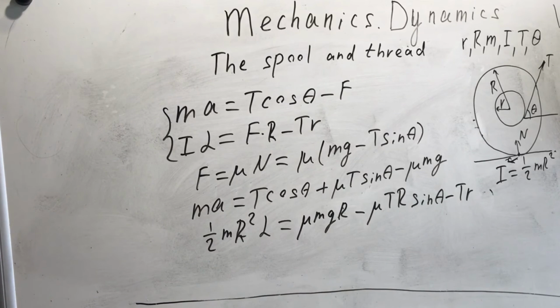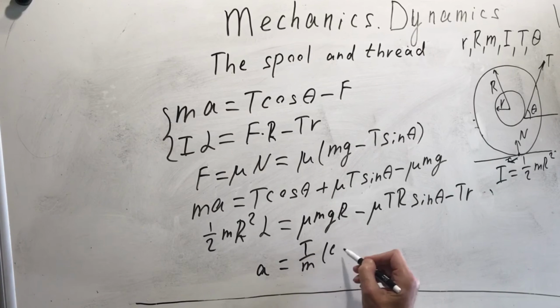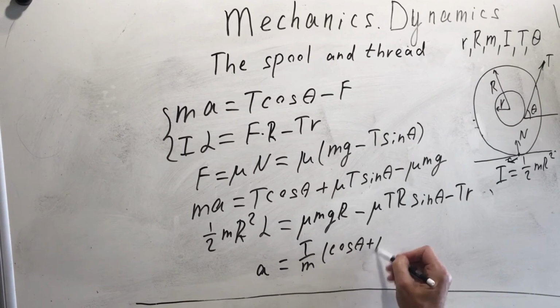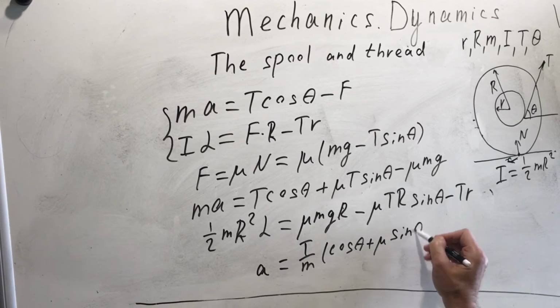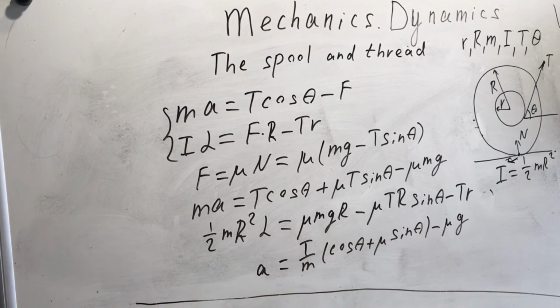And from this formula we can calculate what alpha is. So these two equations are separate because alpha is not connected now kinematically to acceleration. And we have acceleration equal T over m, cosine theta plus mu sine theta, minus mu g.